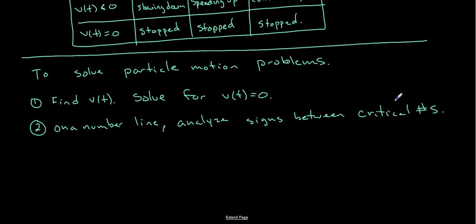Well, what are critical numbers? That's when v of t equals 0. Those are the t values for when v of t equals 0.